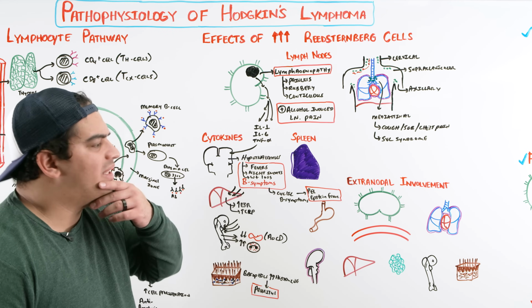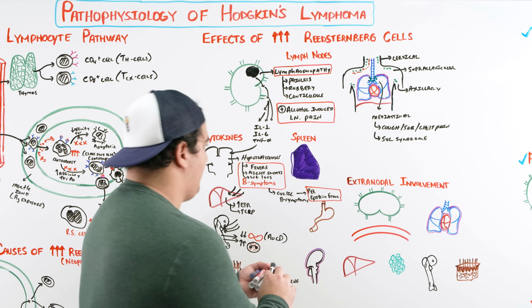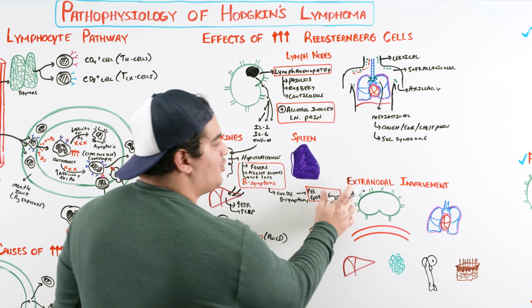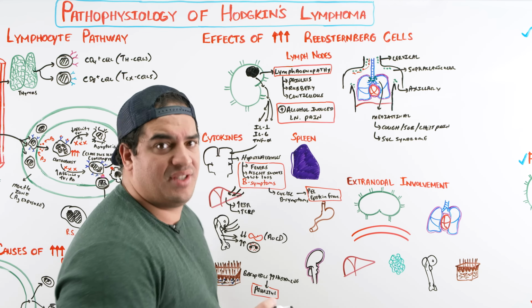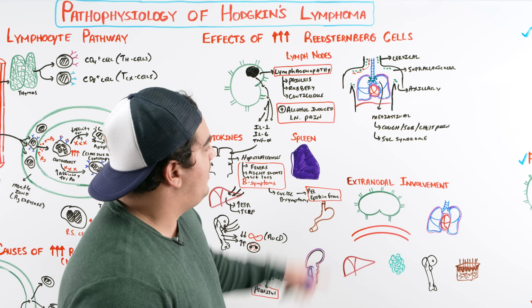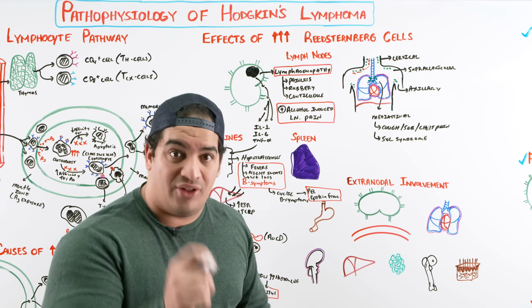Another thing that you could potentially see here, and this is a controversial topic, is spleen involvement. The reason why this is controversial is because sometimes there's what's called extranodal tissue involvement and lymph node tissue involvement, which you can see in lymphomas. In Hodgkin's lymphoma, technically, the spleen is considered, in many different textbooks, to be a part of nodal tissue.